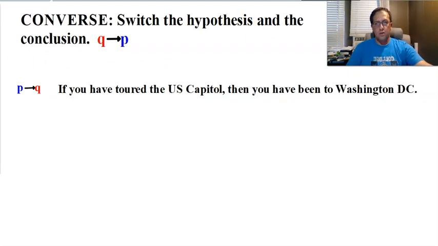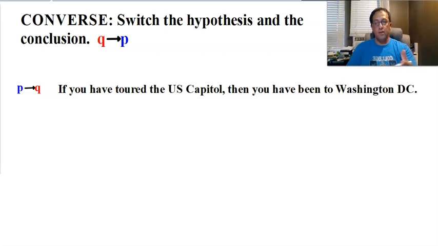All right. So let's take a look at this. This is the converse. What we do with the converse is you take your conditional statement, your if P then Q, and you switch the order. So we switch the hypothesis and conclusion. Instead of saying if P then Q, we're going to say if Q then P. So here I have a conditional statement. First off, what is the hypothesis?